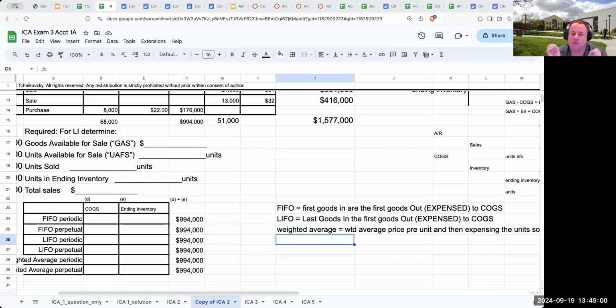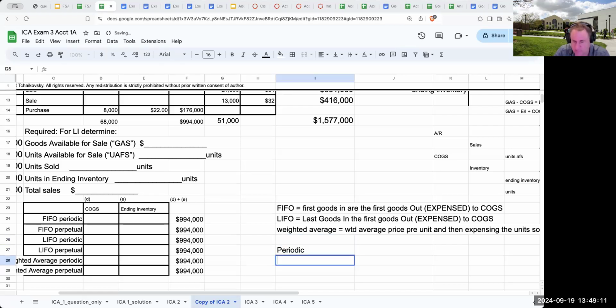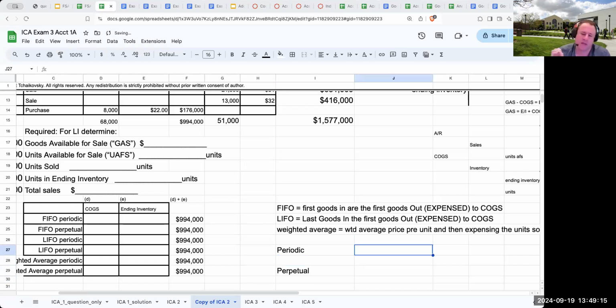Now, within the LIFO, FIFO, and weighted average, there are two different methodologies. There is periodic, and then there is perpetual. Okay, what does periodic mean?